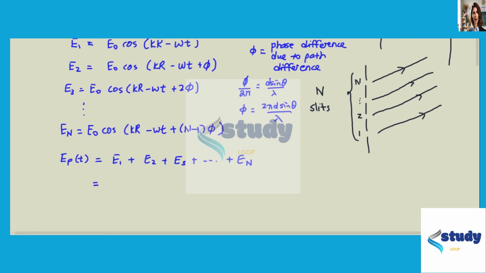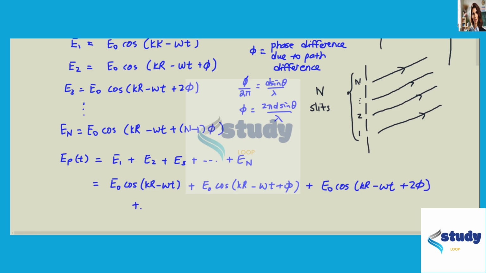So it is E naught cosine of kr minus omega t, plus E naught cosine of kr minus omega t plus phi, plus E naught cosine of kr minus omega t plus 2 phi, and so on until the last term, En, E naught cosine of kr minus omega t plus n minus 1 phi.